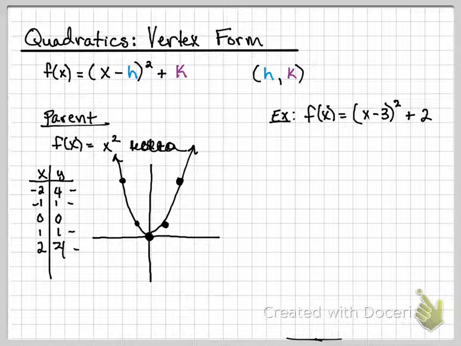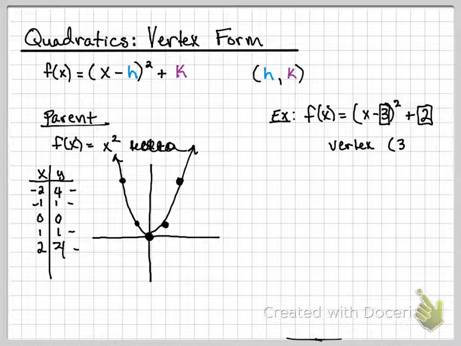Right off the bat, this information tells me that 3 is my h value and positive 2 is my k value. So I know that my vertex is going to be at the point (3, 2). Let's look at our graph and see what happens.